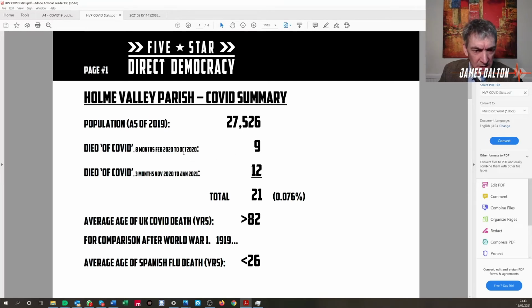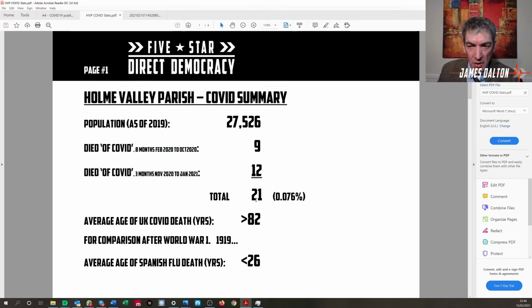As we came into the 2021 winter period, so far, 3 months from November to the start of January 2021, 12. So the total 21 deaths, which is 0.076% of the population. The average age of a UK COVID death is 82 years.